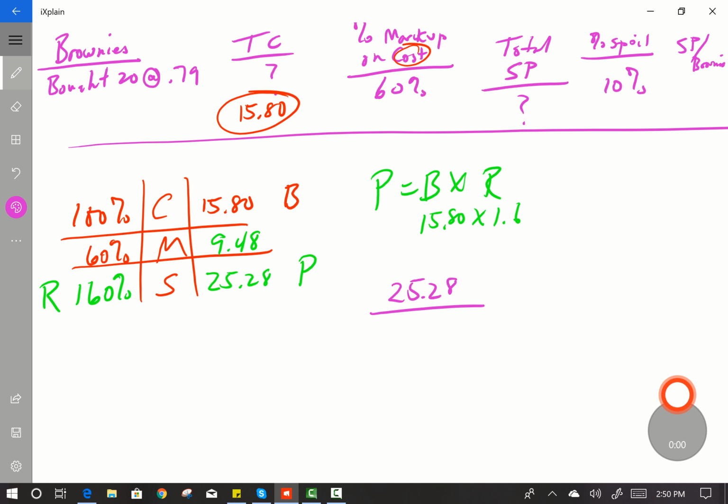We have 20, and 10% of 20 is 2 brownies. That leaves us 18 brownies. We take the total cost divided by the total amount that we have after spoilage, 18, and that gives us $1.40 per brownie that we're going to charge.